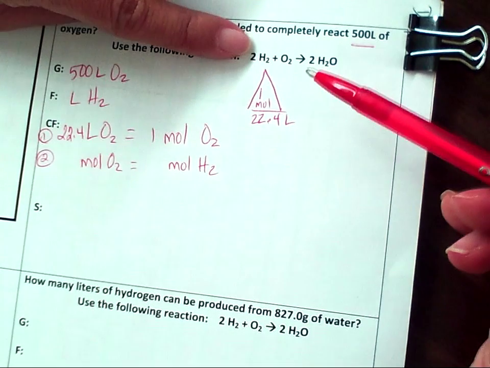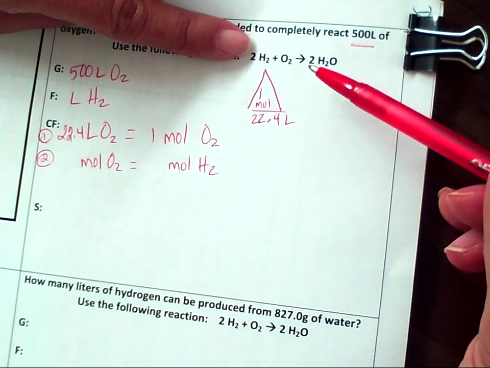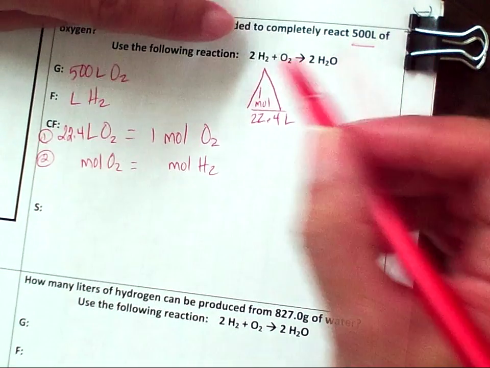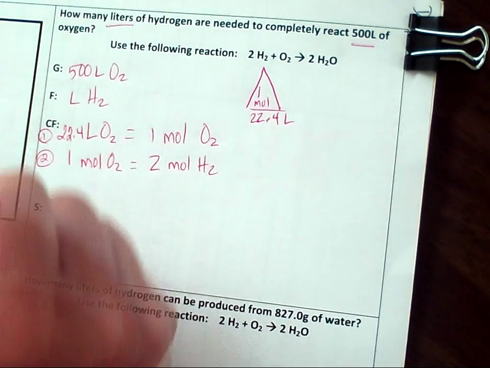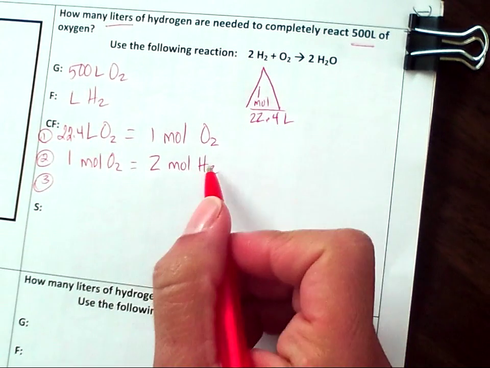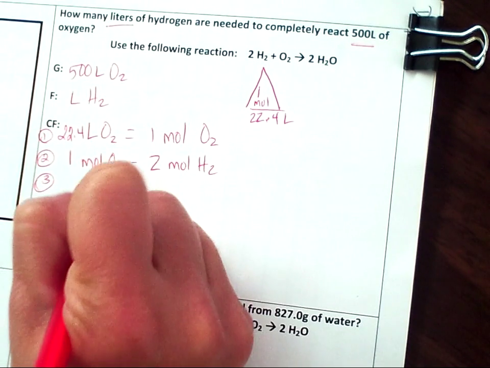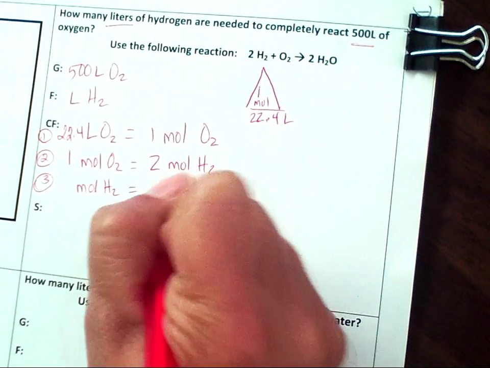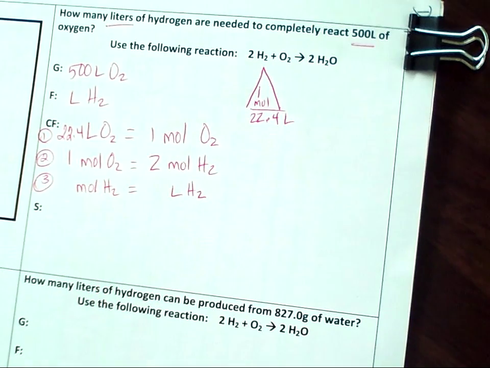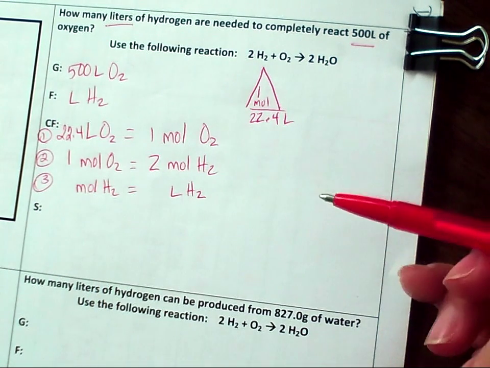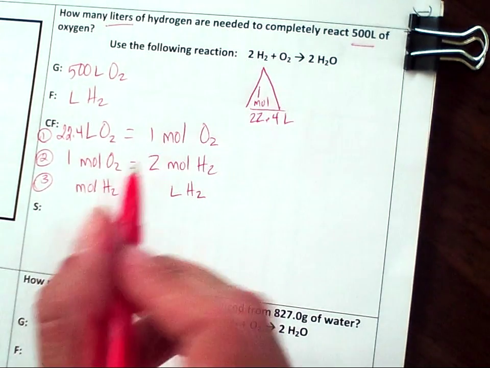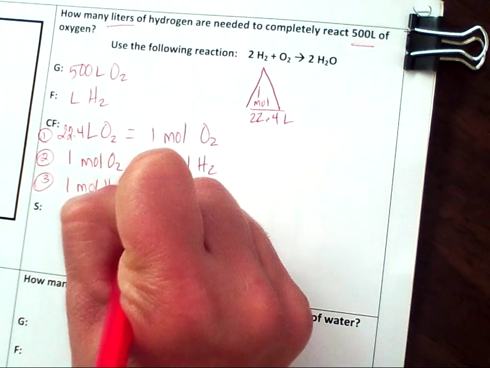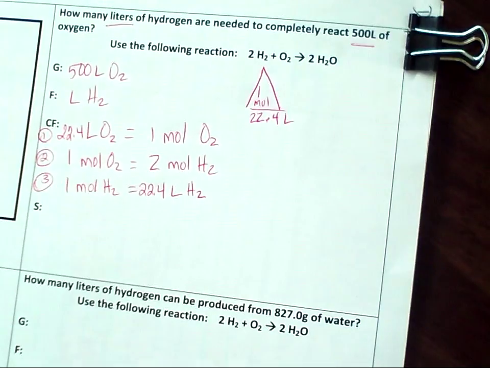Using the balanced equation, you look at the relationship. There's 1 oxygen for every 2 hydrogen, so I will plug that in. The third conversion is to go from moles of H2 to liters of H2. And we would use the triangle relationship for that. It is that for every 1 mole, we have 22.4 liters.